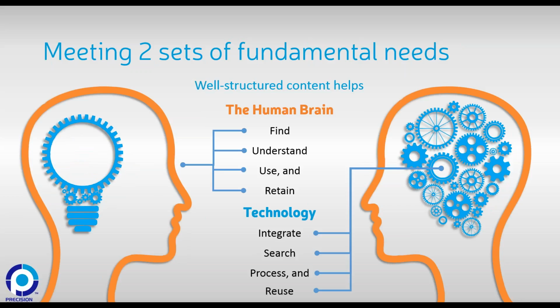It facilitates better search and filtering of information. Of course, having well-structured information allows us to process that information in different ways or render it for different types of delivery. And it facilitates reuse as well, which is enabled through technology.